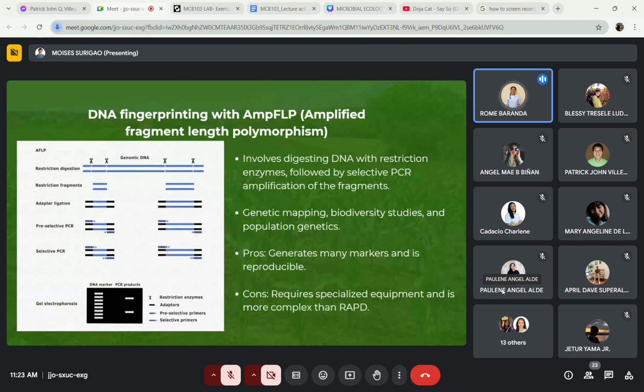And then will be subjected to PCR amplification, electrophoresis, and then visualization. So it is used in genetic mapping, biodiversity studies again, and population genetics. And for its advantage, it generates many markers and is reproducible. Yet it requires specialized equipment and is more complex than the RAPD technique.